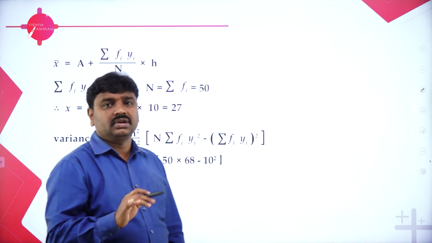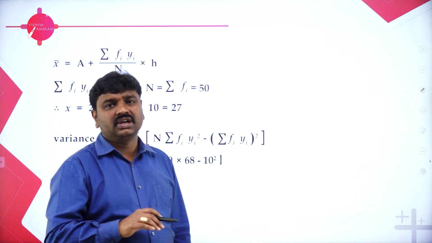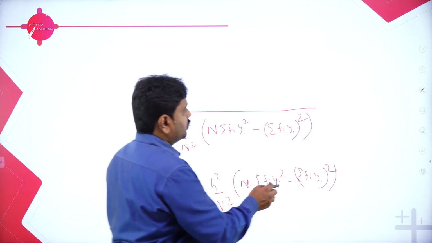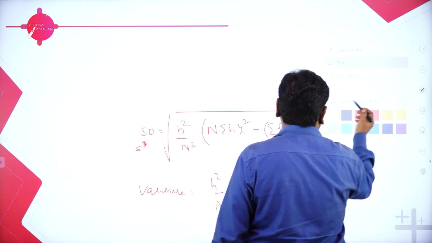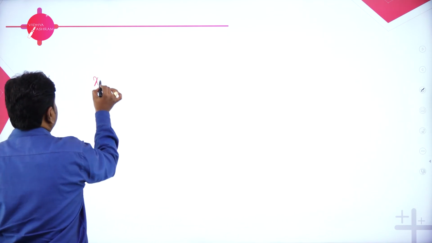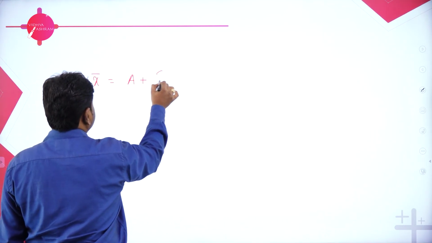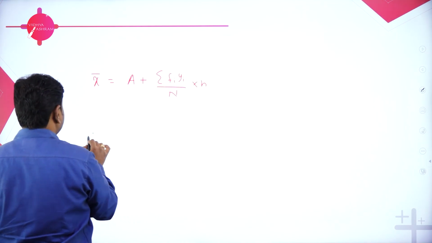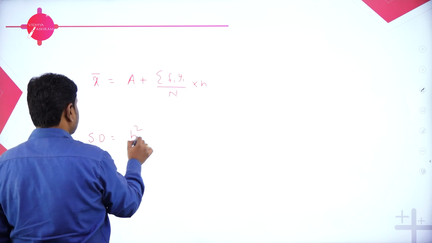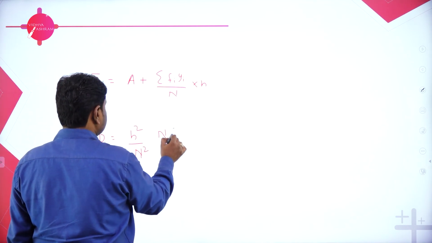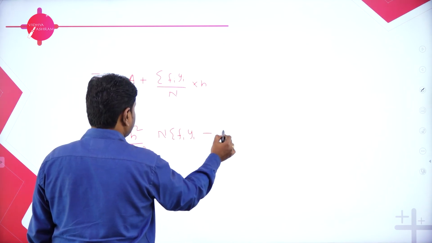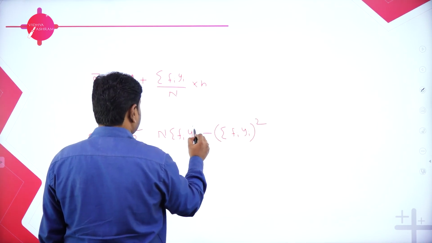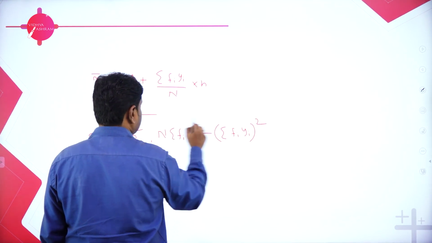Hope all of you got mean and variance. First become thorough with the formulae, then you can solve all the problems. Mean by shortcut method is assumed mean plus sigma fi yi by n into class size, and standard deviation is h square by n square, n into sigma fi yi square minus sigma fi yi the whole square, the whole thing under root.